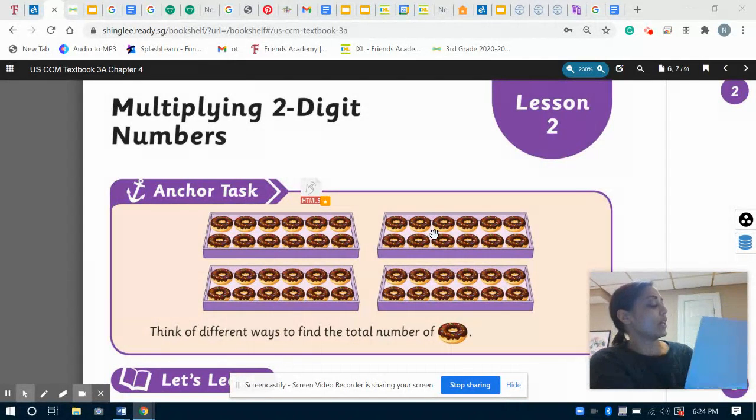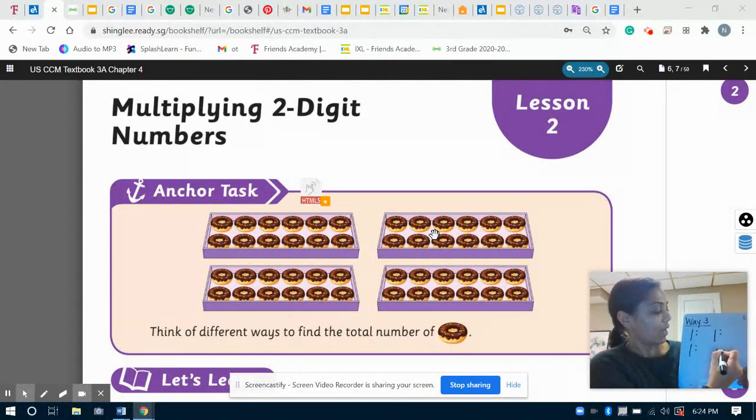Way 3 could have been using base 10 blocks, and I know you have some at home, maybe you used them. If you look at the one tray, it has 12 donuts. This represents the 10, and then these represent the single cubes. So altogether here we have 12, and then you could have done another 12.